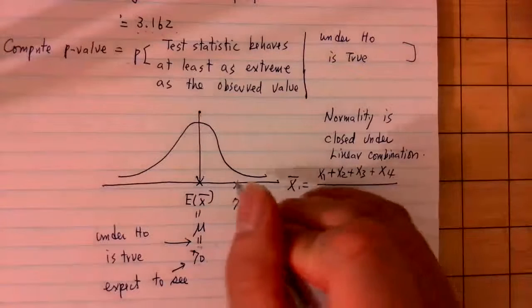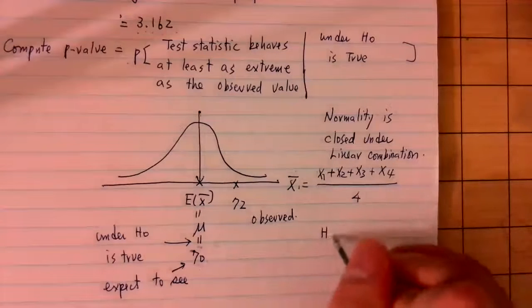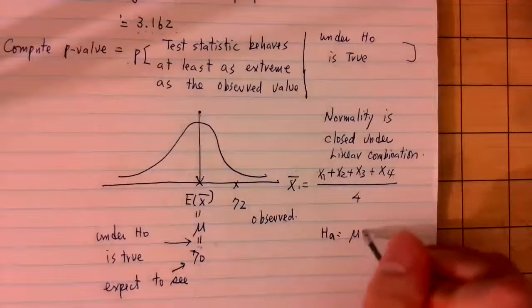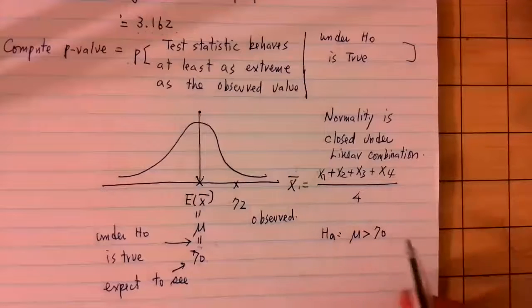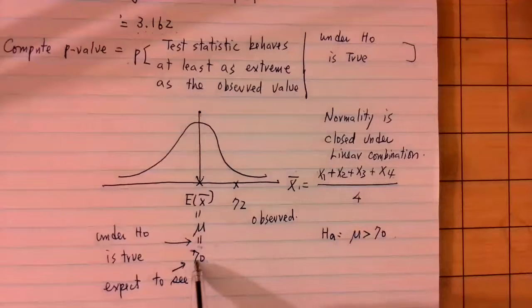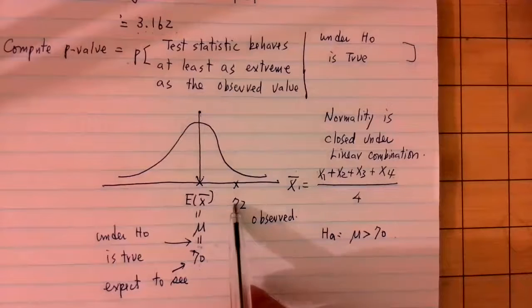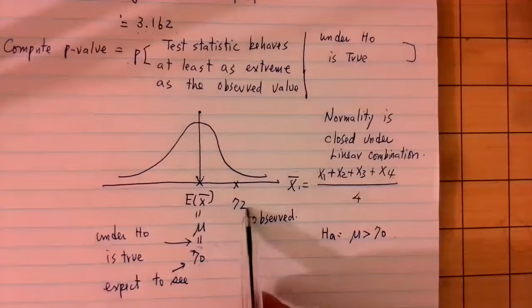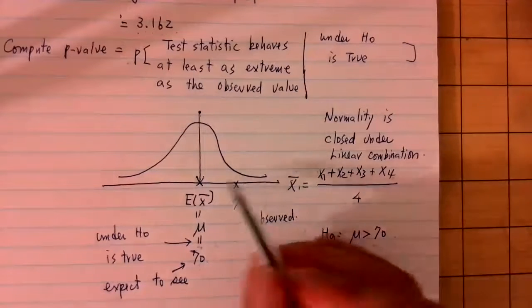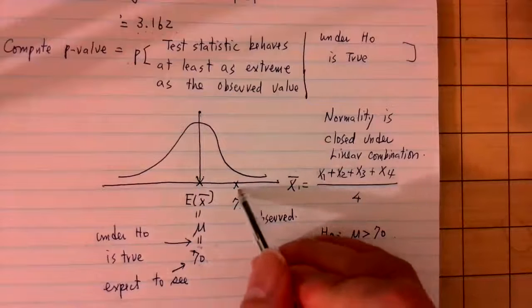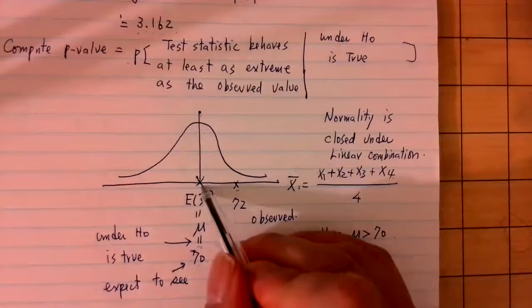So recall, under H naught is true, we expect to see 70 days. Now we see 72 days. Under H naught, what we observe should be close to what we expect.